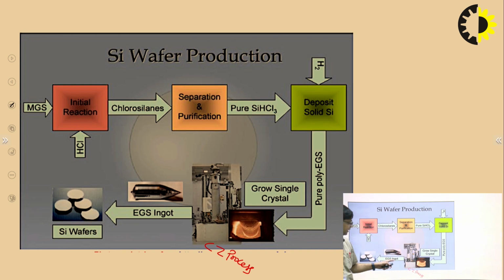And this single crystal silicon that is obtained from the CZ process can be used to produce the semiconductor wafers.